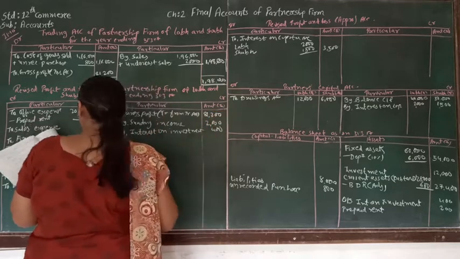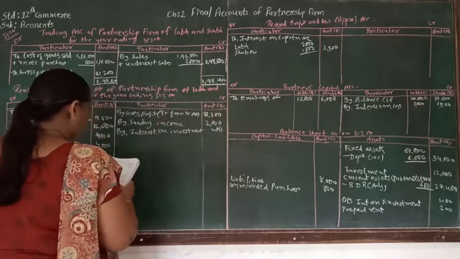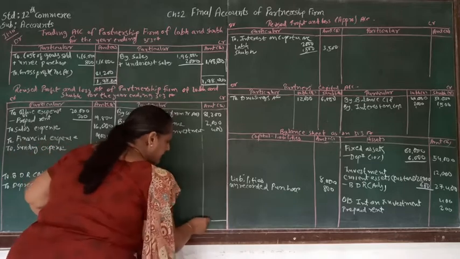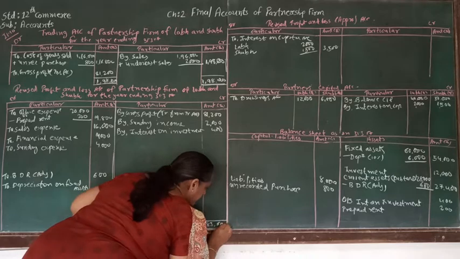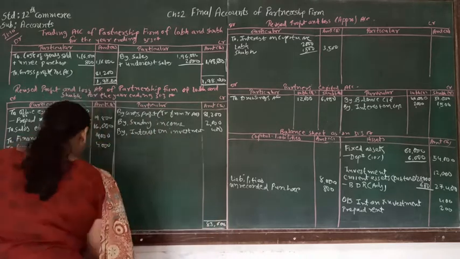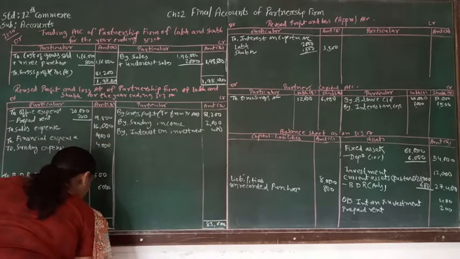Now let's make the total of the profit and loss account. So here the credit side total is 83,600, and from that we deduct the total of the debit side.